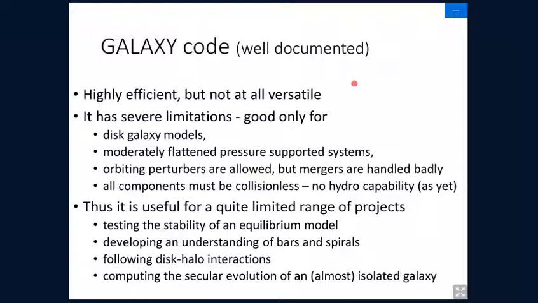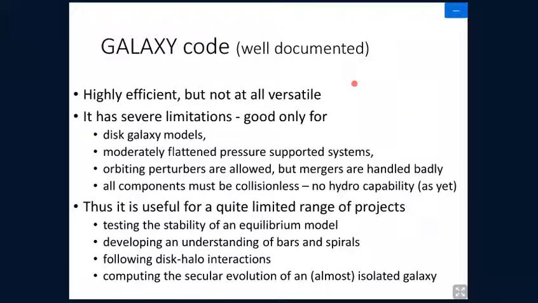It can run simulations of disk galaxies about 200 times faster than an average tree code, but it's not at all versatile. And that means that you cannot apply it to many problems that you might be wanting to solve in Galaxy Dynamics. It's good for disk galaxy simulations.